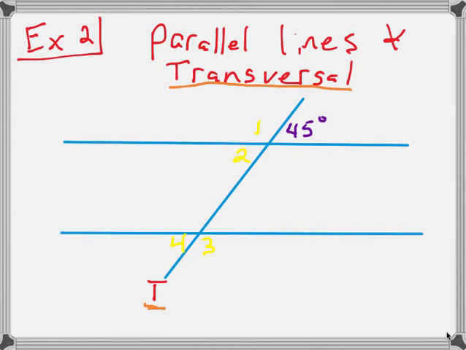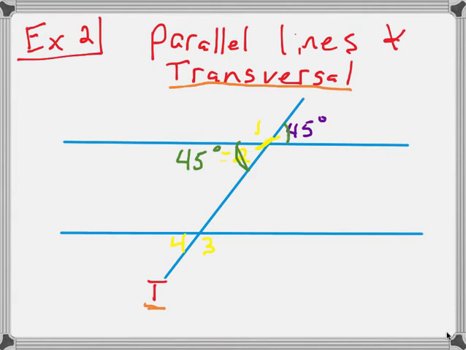Well, first of all, I could use vertical angles and easily find angle 2. So angle 2 is going to be, now I'm going to change colors here, let's go green, 45 degrees here. So this angle opens up the same way as this angle.